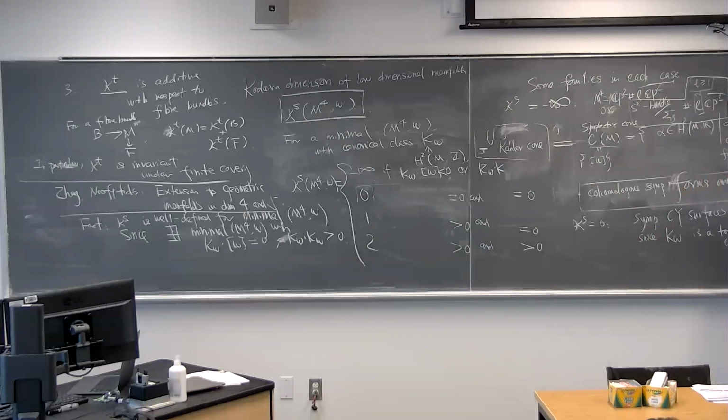In fact, it's at most 2 torsion, zero or 2 torsion. There is a conjectural smooth classification.